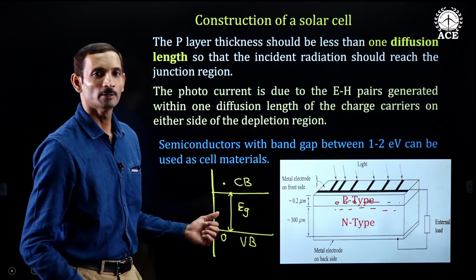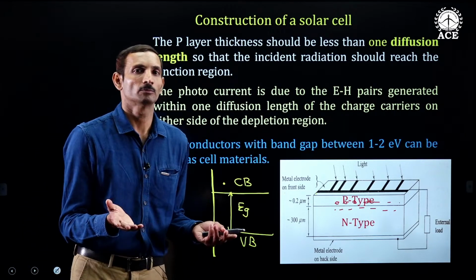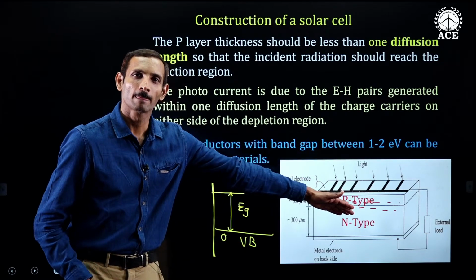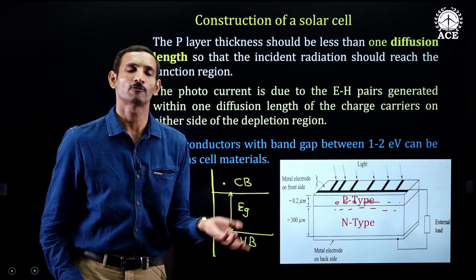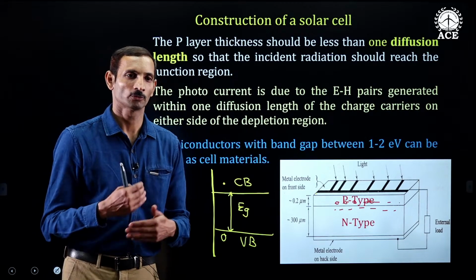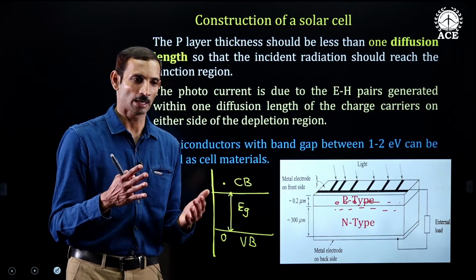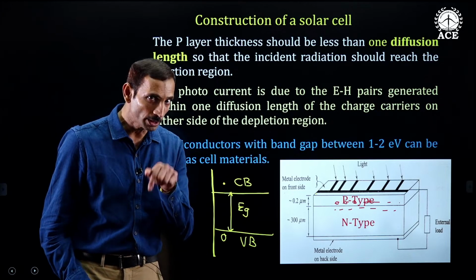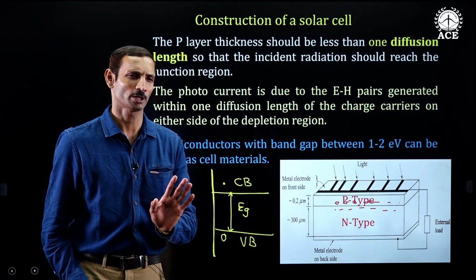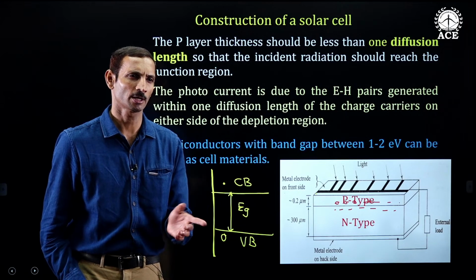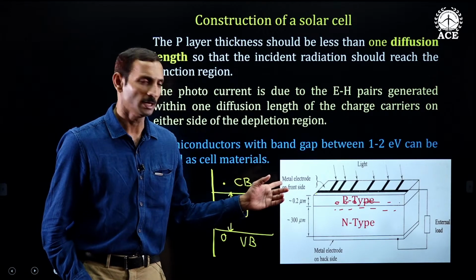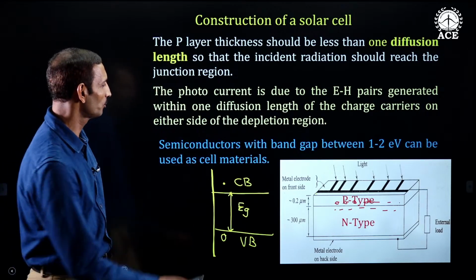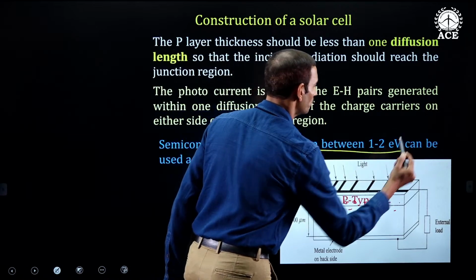We don't know whether all the photons will have that energy or not. Sunlight is falling. We don't know whether this sunlight would consist of photons having energy greater than or equal to the band gap. That's why we reduce the band gap, so that whatever photon falls on, at least it would have energy greater than or equal to the band gap. So that's why we consider only those materials with a band gap between 1 to 2 eV.